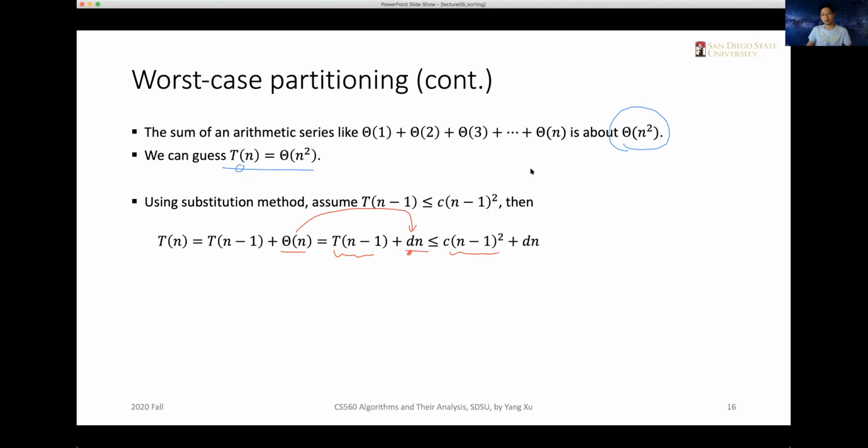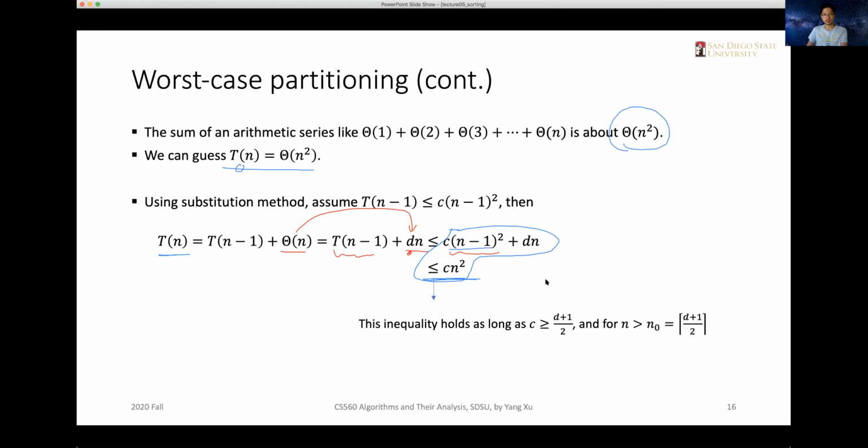And then we want the next inequality to be valid too. We want this upper bound to also hold for this larger input size. So we basically need to solve this inequality, and we can eliminate the quadratic term if we expand this term first. So eventually we can solve for c.